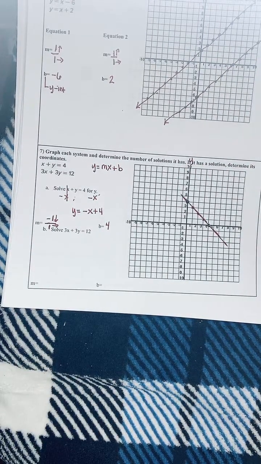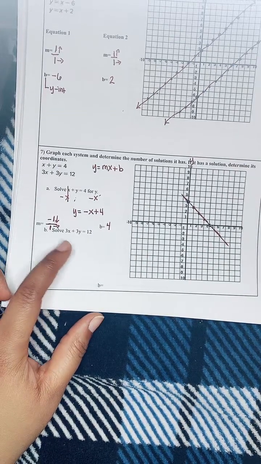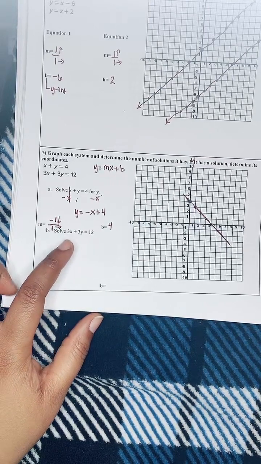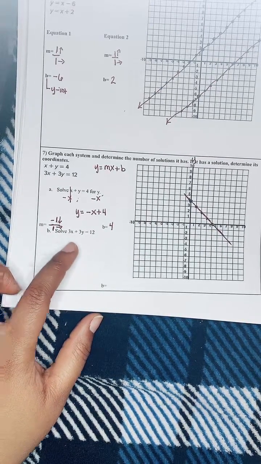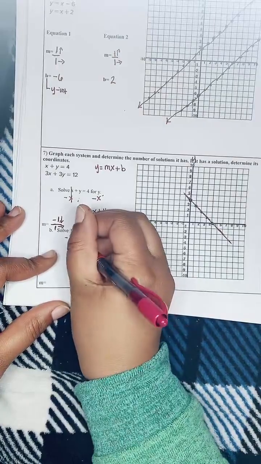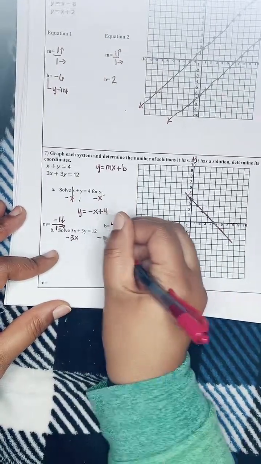Now, can anybody tell me how to do this one? How do we solve this for y? Subtract 3x on both sides. Perfect, Jonathan. Yes, Evelyn. Perfect. So we're going to subtract 3x to both sides.